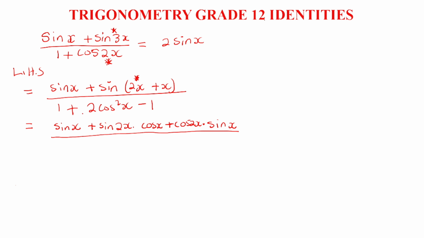Okay, great. Here at the bottom, you've got plus 1, negative 1. Therefore, this would cancel out, and you're going to be left with 2 cos squared x.